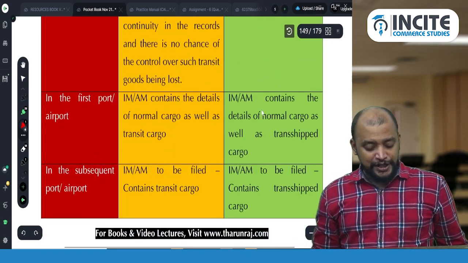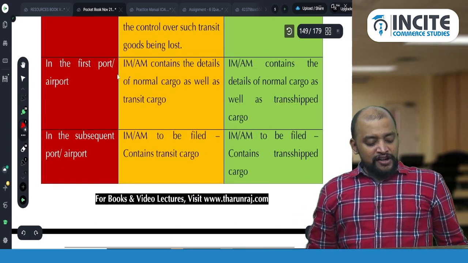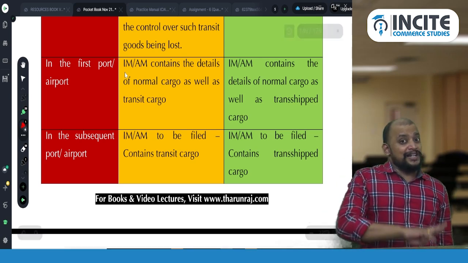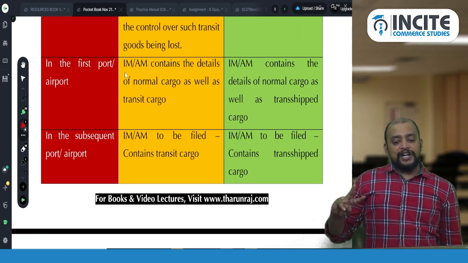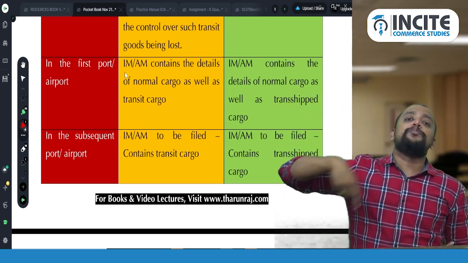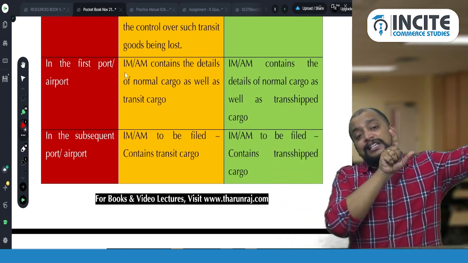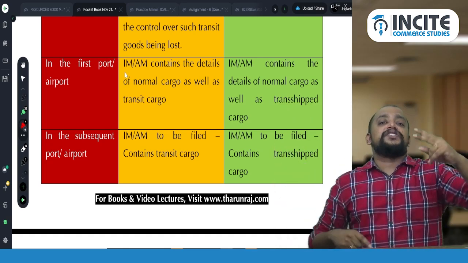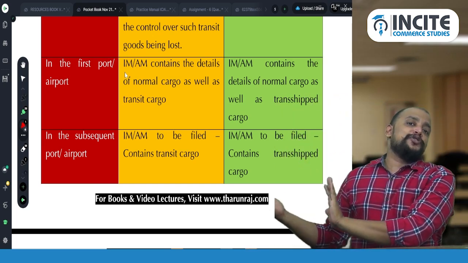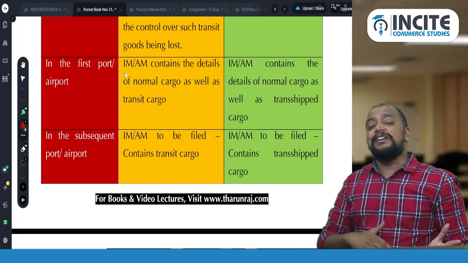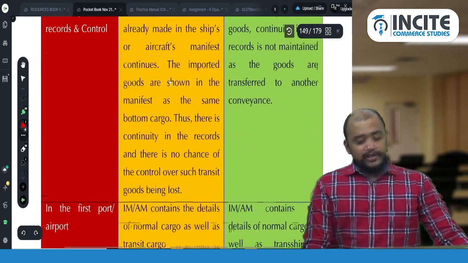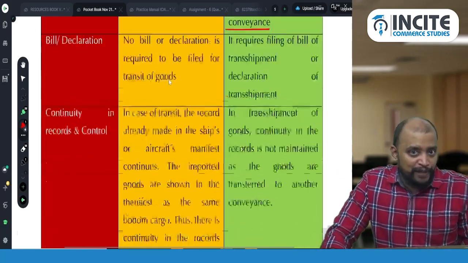In the first port or airport, the IM or AM contains the details of normal cargo as well as transit cargo. Here also there is transshipment cargo, but we need to file a new import manifest or arrival manifest in the subsequent port. The same import manifest or arrival manifest filed at the first port or airport cannot be filed in the subsequent port or airport in case of transshipment, because the vehicle changes. So that is about transit versus transshipment.